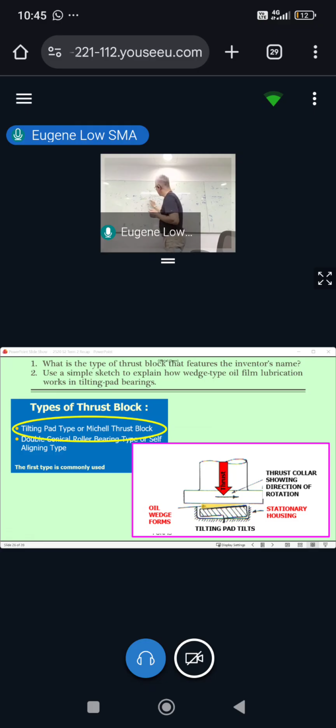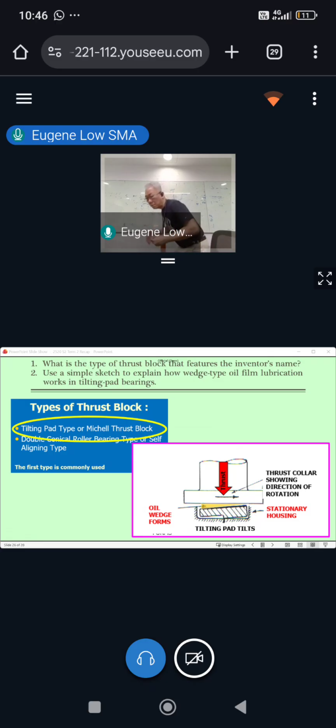Stationary housing. This is a stationary housing. And of course, there's the tilting pad there, right? Tilting pad. And this is the thrust collar, direction of rotation.